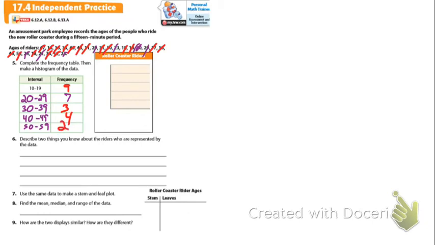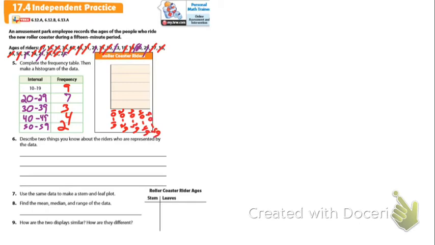Now, to create the histogram, this is what we can do. I'm going to try my hardest to write neat. The first one is going to be 10 through 19, then 20 to 29, 30 to 39, 40 to 49, and then 50 through 59.